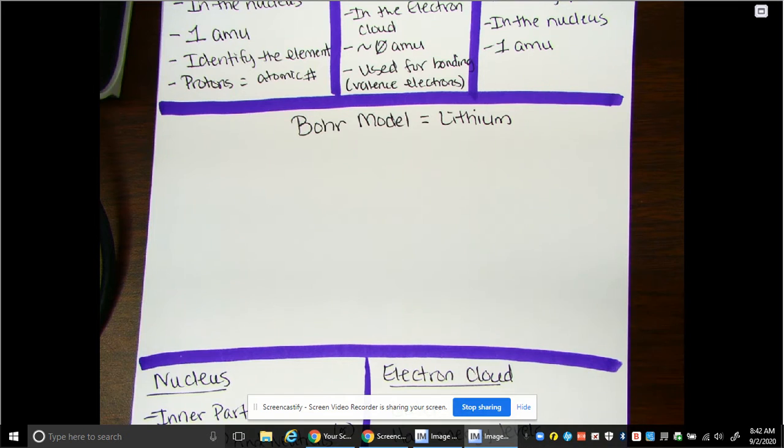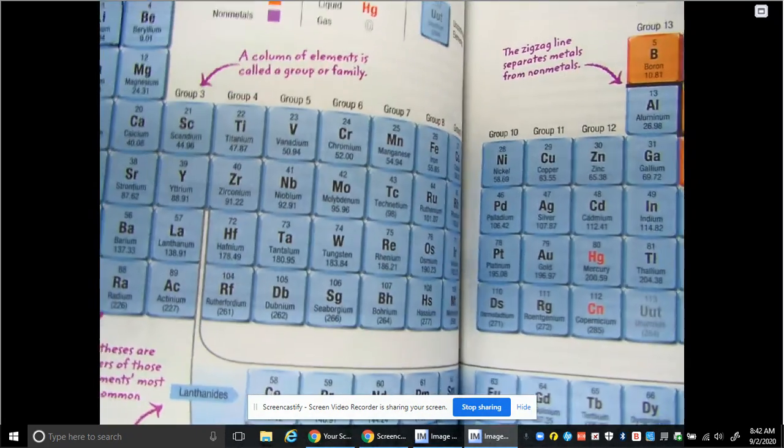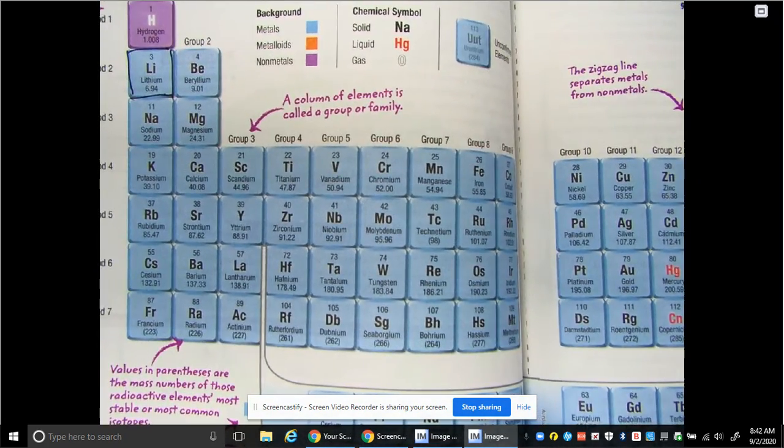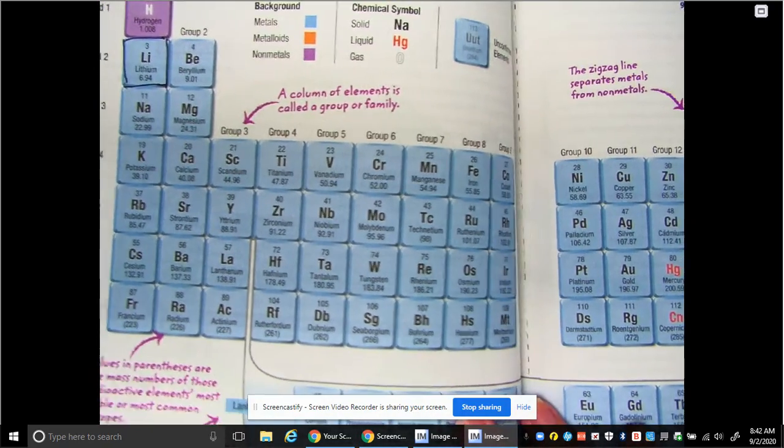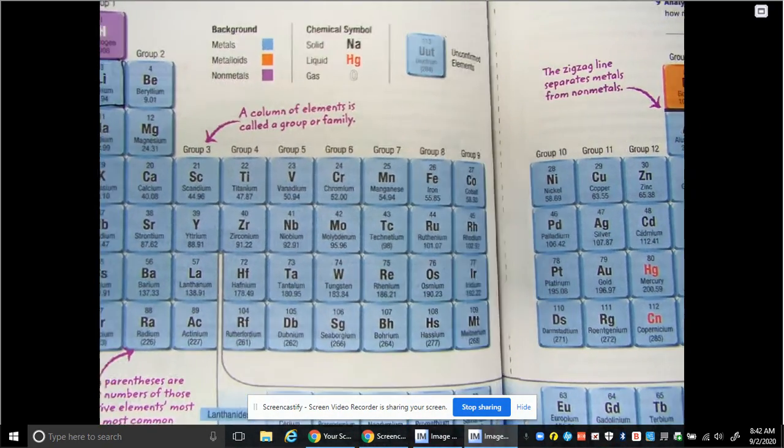So I want you to look up a periodic table. There's one attached in your classroom information, but also you have one in your book. So let me show you. This is the one in your textbook, on page 128 and 129.